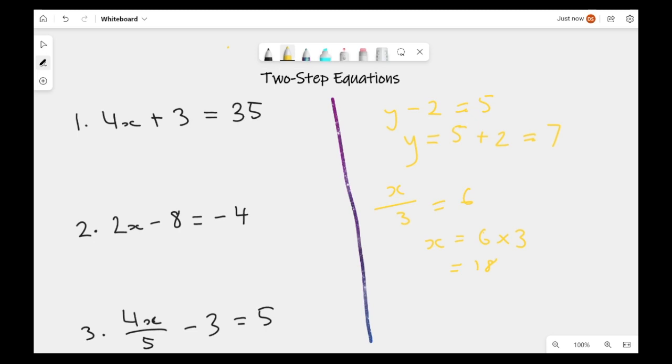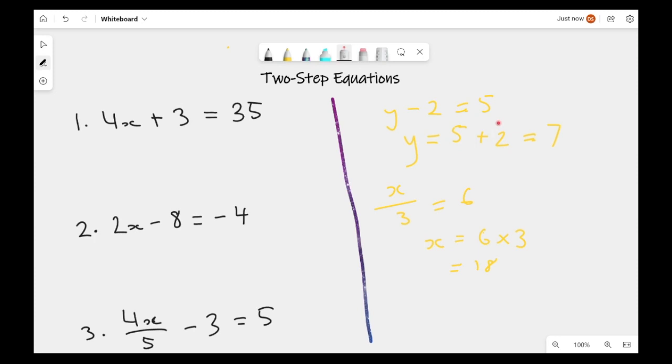Now, we can see on our examples on the left that we can't solve these in just one step, can we? Because we've got some number x, multiplied by 4, and 3 is added to it, and we get 35. Here we just had one step. We just added 2 on the other side of our equals sign, and that was enough.